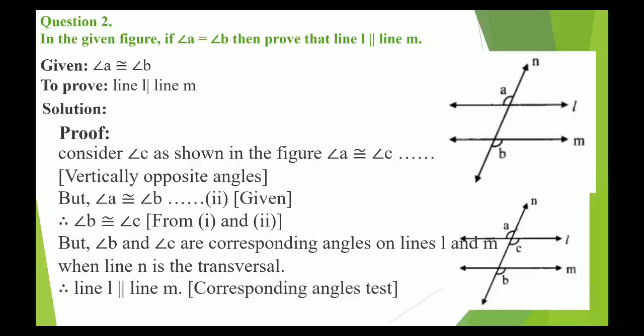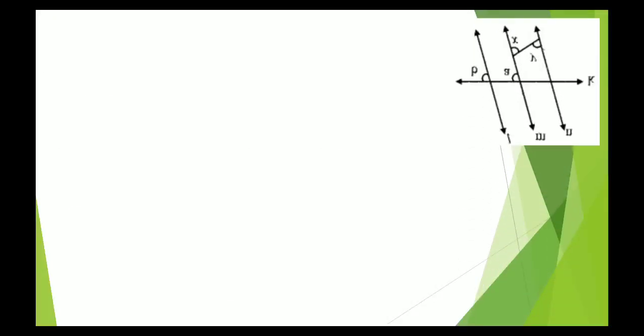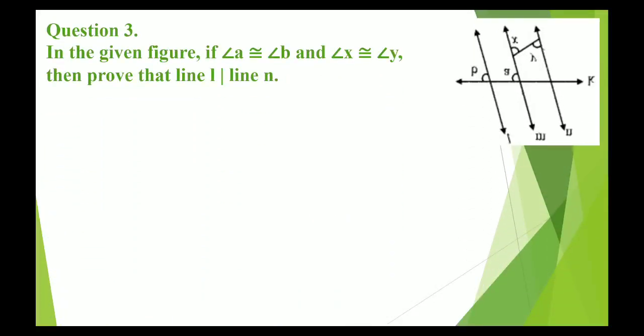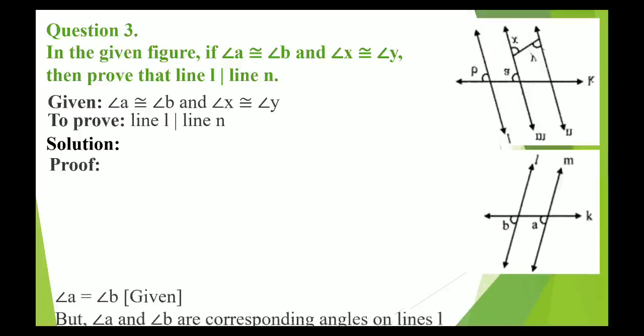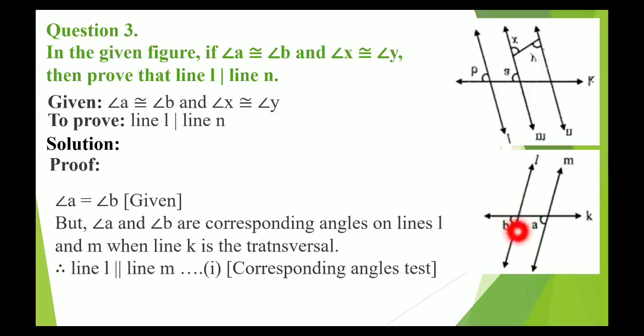So, shall we move to the next sum? Question number 3. In the figure, I'll show this figure. Angle A and angle B are congruent. Here I am having angle X and Y congruent.